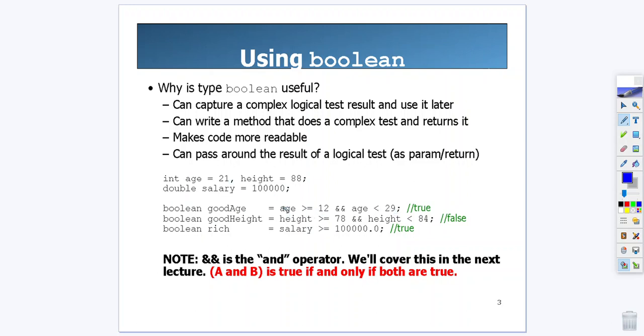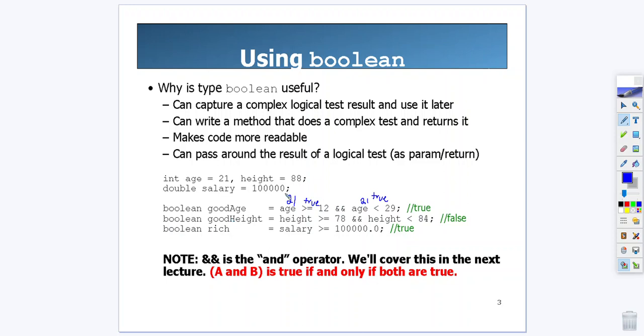So age is greater than or equal to 12. Well, age is 21, and 21 is greater than or equal to 12, so that's true. And then age is less than 29, so here age is still 21. Is it true that 21 is less than 29? Yeah, that's also true. And in our next lecture, you're going to learn that and means if both are true, your result is true, so that's why it's there.